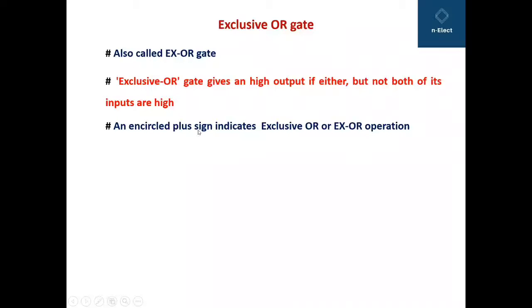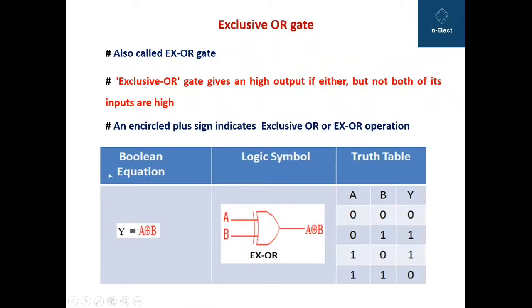An encircled plus sign means the plus sign and the circle around it indicates the exclusive OR XOR operation in a Boolean equation. You can see here the Boolean equation for the XOR gate, or two input XOR gate to be more specific.